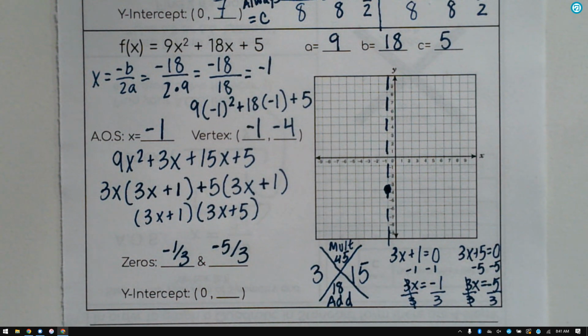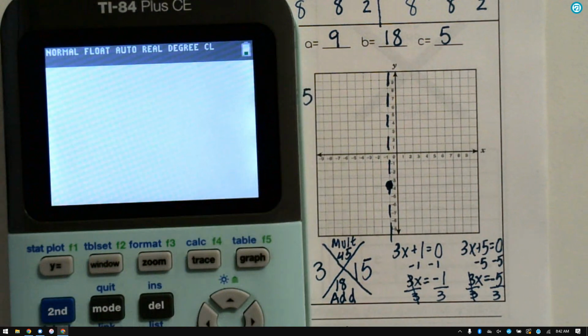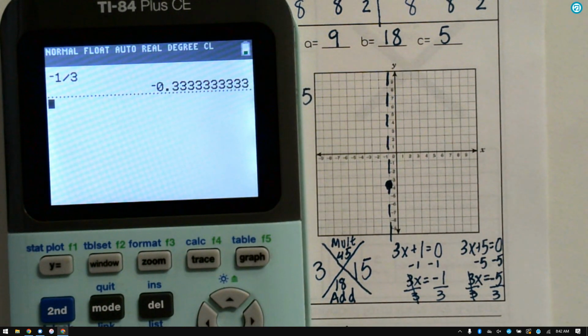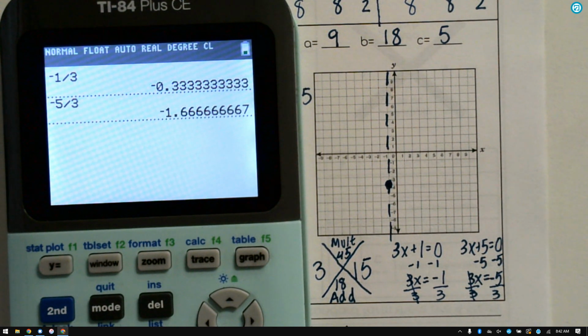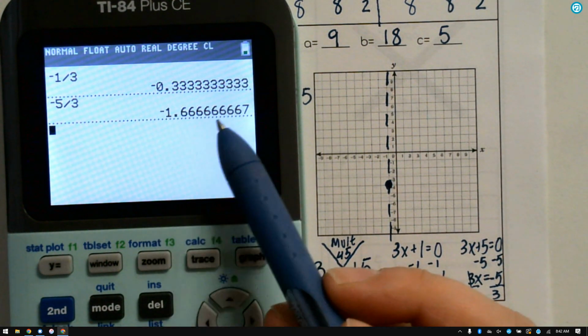If you did the quadratic formula, you should have gotten the same thing. I know we might not all be done doing the quadratic formula yet. That's what we chose. But if you're going to do the quadratic formula, you're going to get the exact same things. Okay, from there, we need to graph those. So again, graphing fractions, kind of tricky. Negative 1/3 is negative 0.33333. Negative 5/3 is negative 1.6666667.